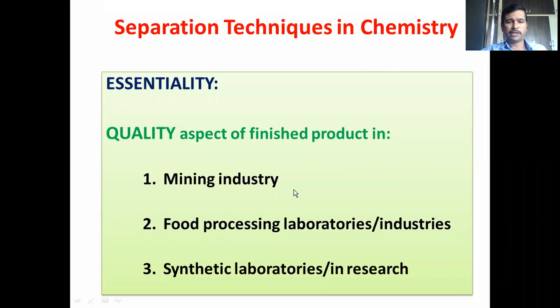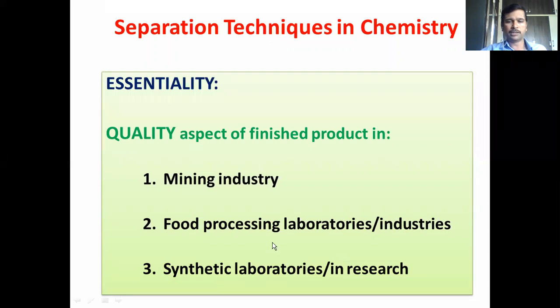So if you go to the mining industry, or even if you go to food processing laboratories, food processing laboratories will be producing a variety of food materials, and that food material will be having acceptable quality. What is quality? Quality means whatever we are intended to have in that particular sample, that must be present. Other than that, nothing should be present.